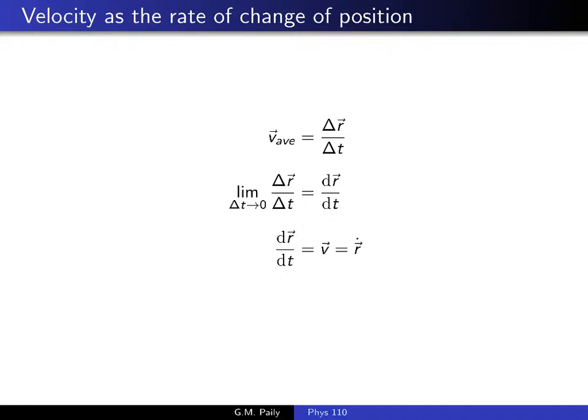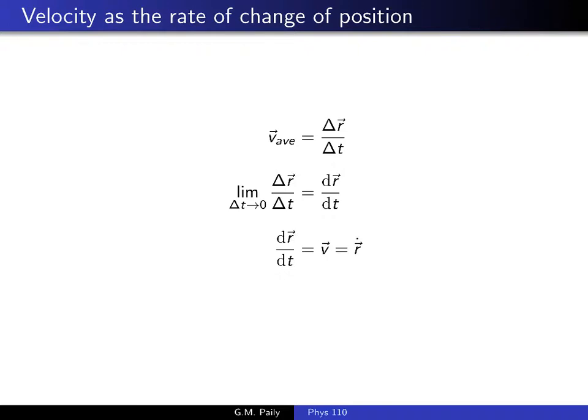Here are a few key points to remember. 1. The change in position is a vector, and so is the velocity. Since dividing delta r by delta t does not change the direction of delta r, but simply scales it and changes the units, the direction of delta r and the direction of the velocity will be the same.